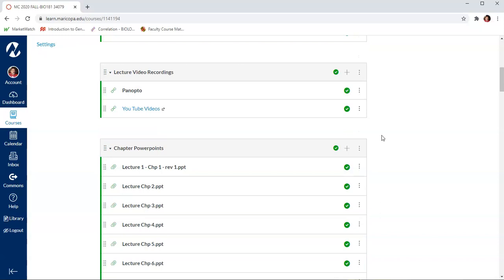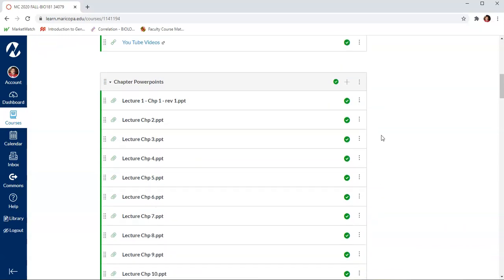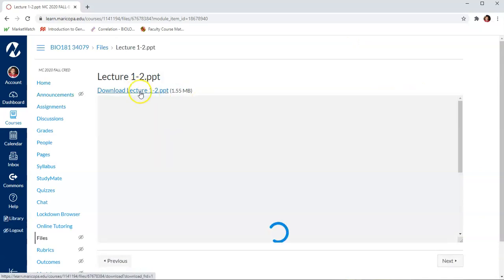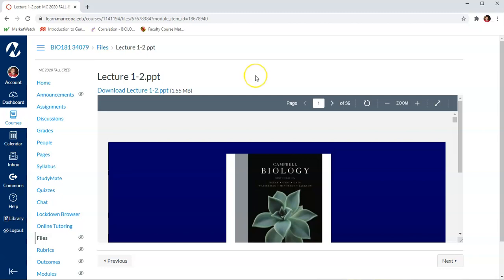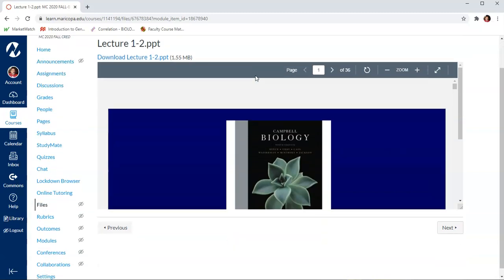as the semester progresses. All right, so each chapter has PowerPoints, and you can click on those PowerPoints and you can download them. So every student has an account to Microsoft Office Suite 365. If you registered at MCC, then you can call the Help Center and they can get you hooked up with that.